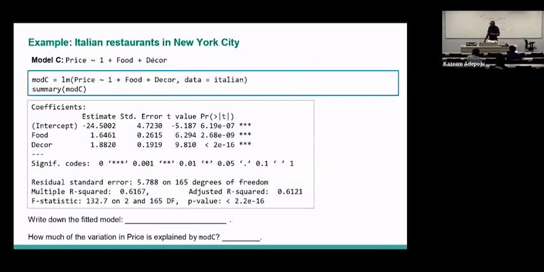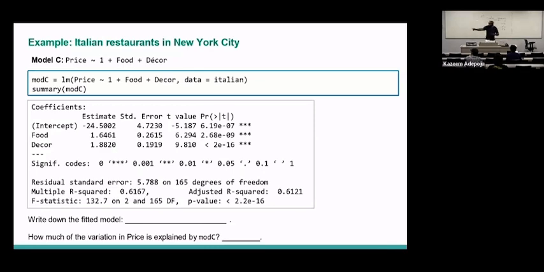Now, when you want to run linear regression in R, this is the code. Price, you may decide not to put one, food plus decoration. Does that make sense? Even if you have so many variables, you're actually going to add them up. Now, this is the result. What is the R square here?